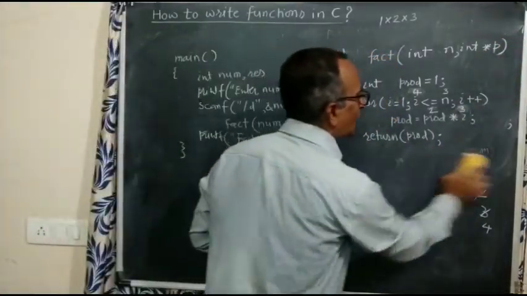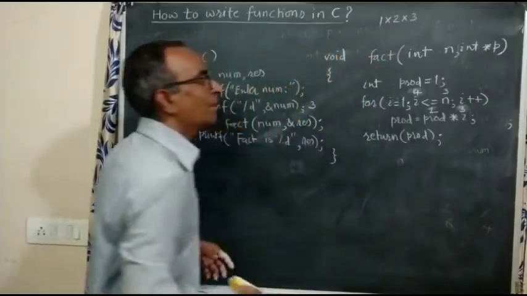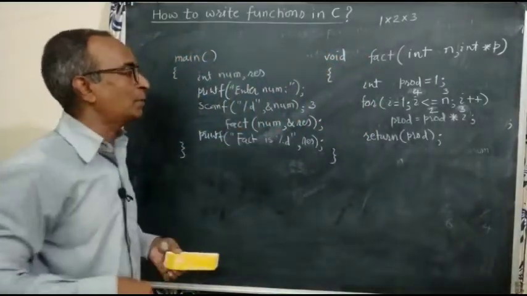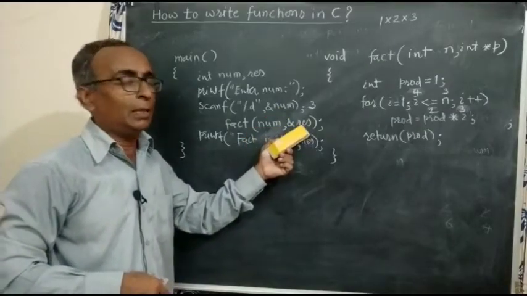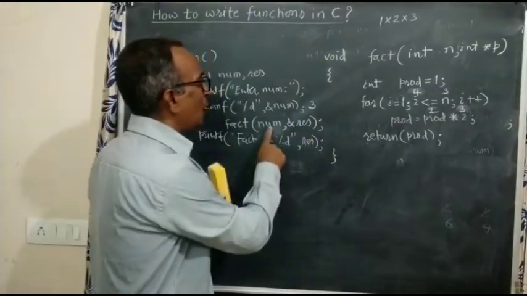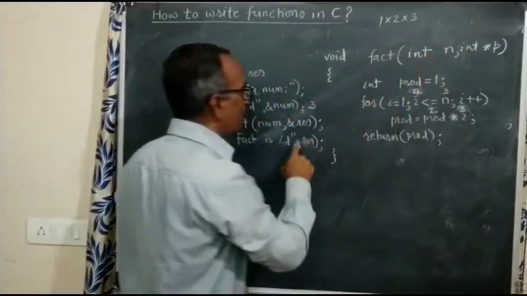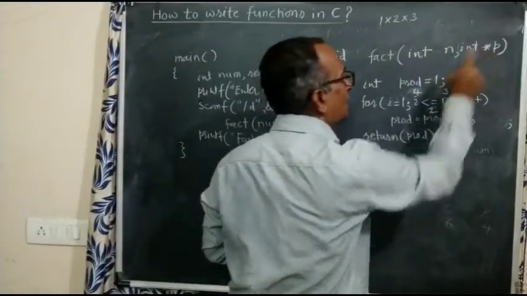Now see what changes I have to make so that it will write this product into this result, my area. So what will happen? The number is passed to n. This address is passed in p.